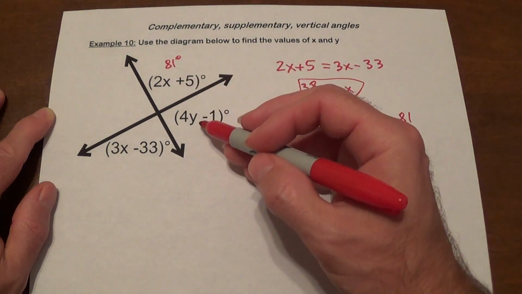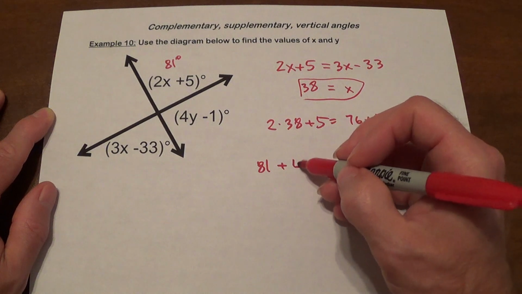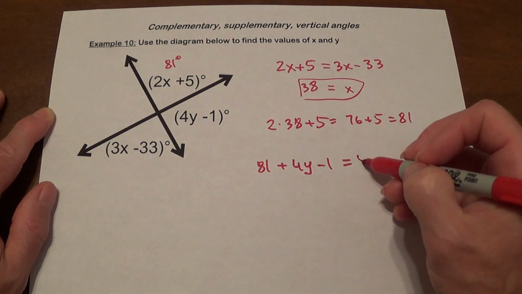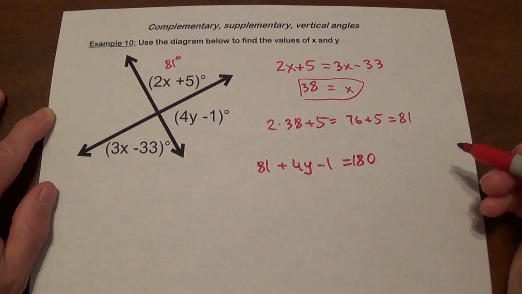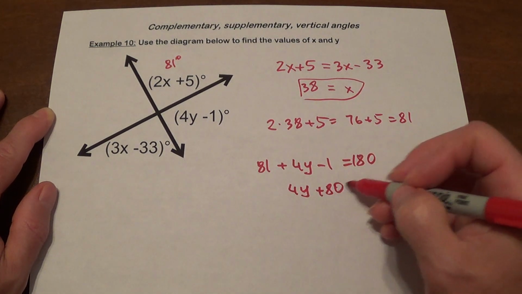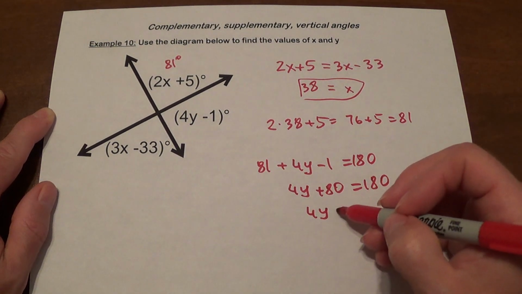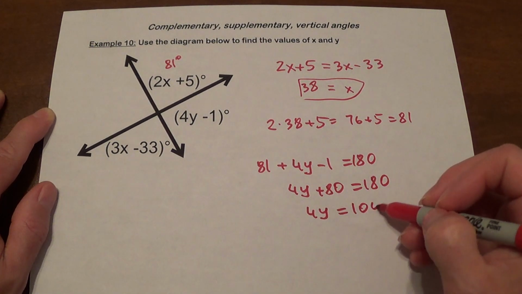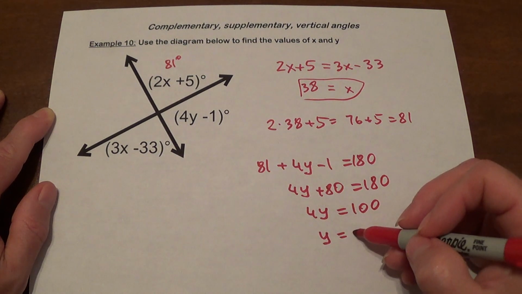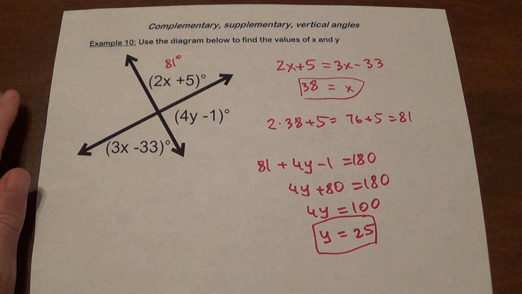So 81 plus 4y minus 1 equals 180. So we're going to have 4y plus 80 equals 180. That means 4y equals 100 and y equals 25. And that's it. This is how it's done.